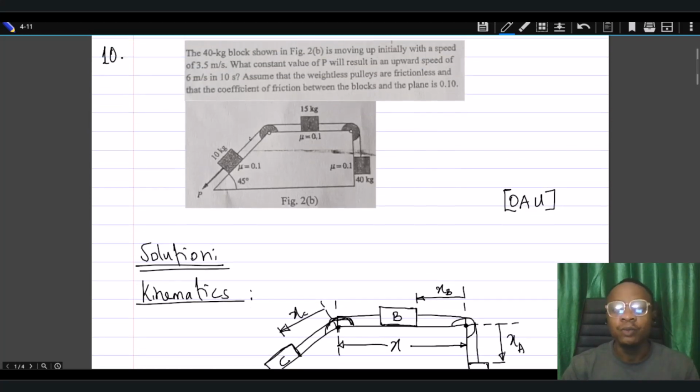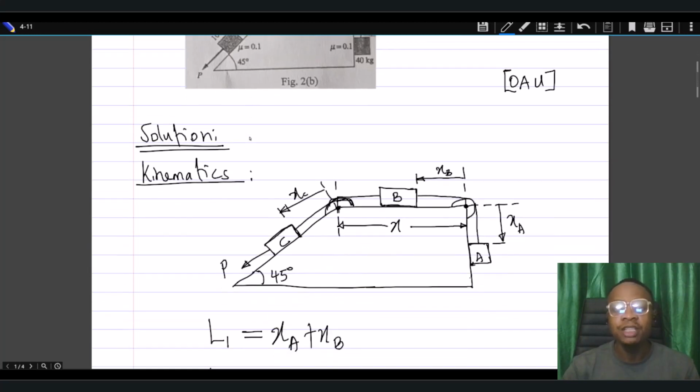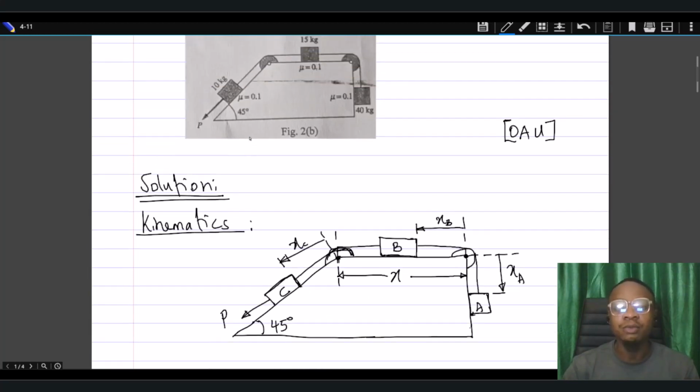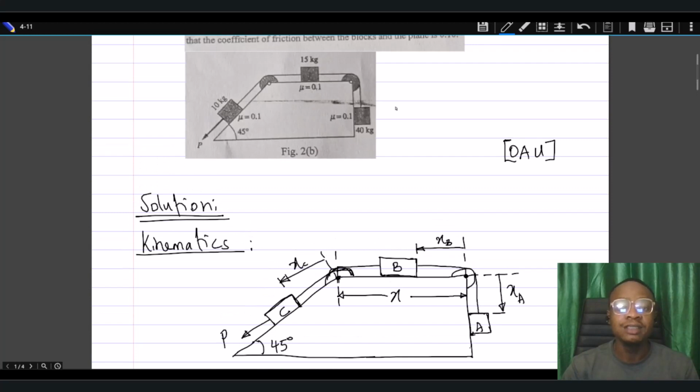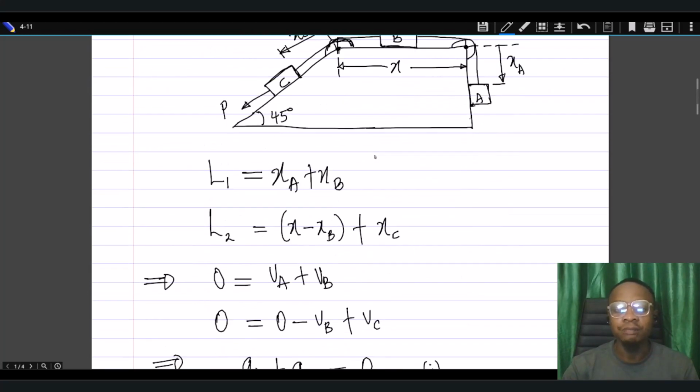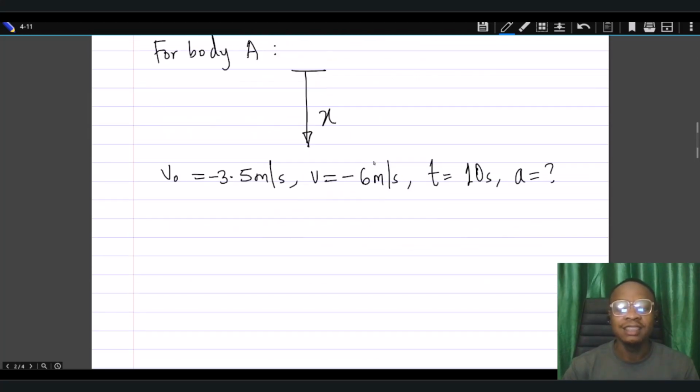So we will assume uniformly accelerated motion. That is, we will assume that the forces in the system will be constant. That is, there is some constant force P that gives that acceleration within 10 seconds. That is the default assumption we will adopt unless otherwise expressly stated or suggested in the problem statement.